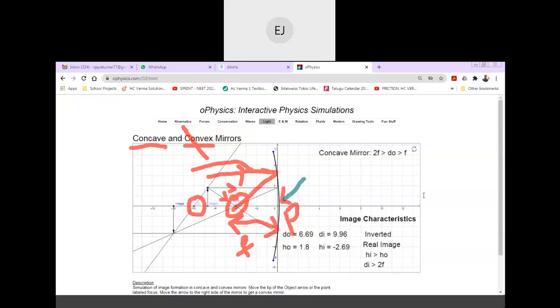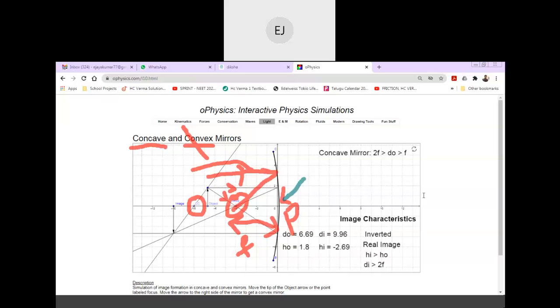When you send a parallel beam, parallel to the principal axis, they get reflected back and meet at a point called focus. But if you send rays through the focus or center of curvature, they may reflect, but they will not meet at a focus.